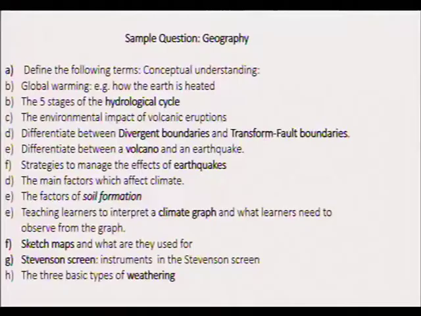Now, it's the Stevenson screen, obviously, and the instruments, for example, that one gets in a Stevenson screen and what these instruments are used for. And then also important is the issue around the 3 basic types of weathering. You all know what weathering is all about, and then the 3 basic types of weathering and what these 3 basic types of weathering involve.